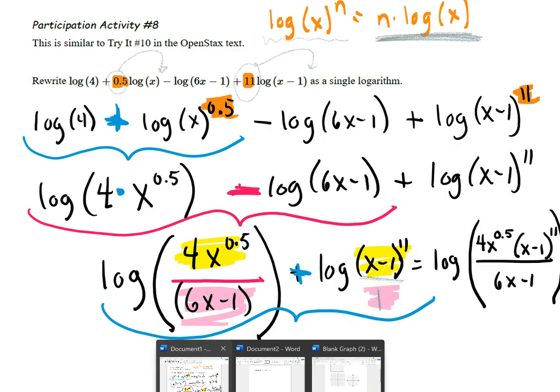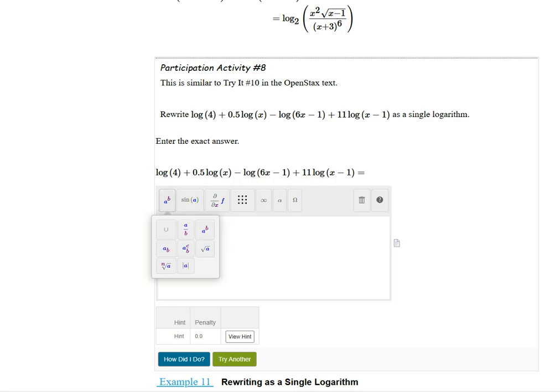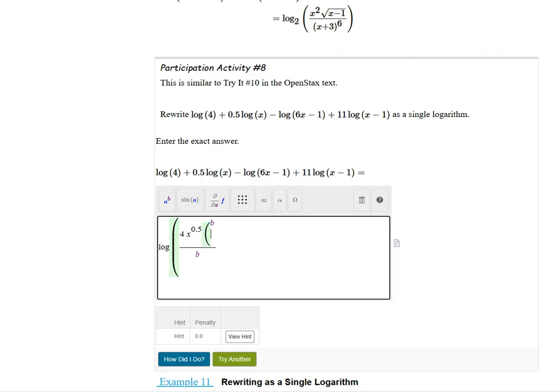Yes, x minus 1 raised to 11. So I have to hit the a to the b thing again, and inside the a type parenthesis x minus 1, close the parenthesis, scroll to the b and delete it and type in an 11.